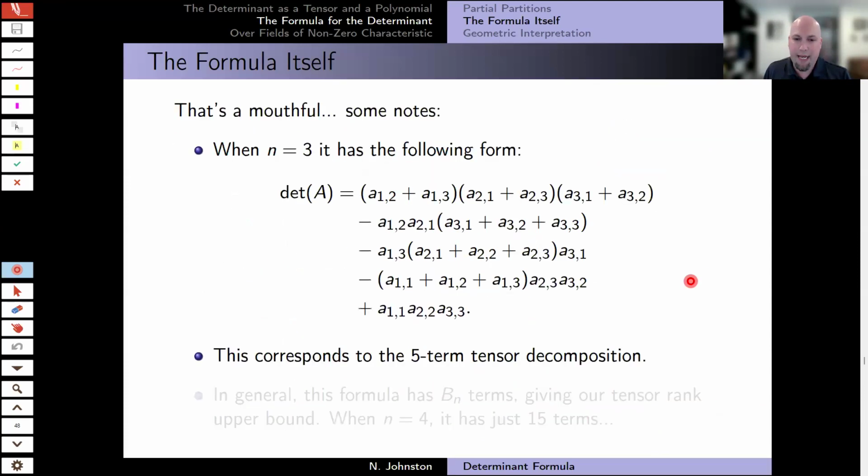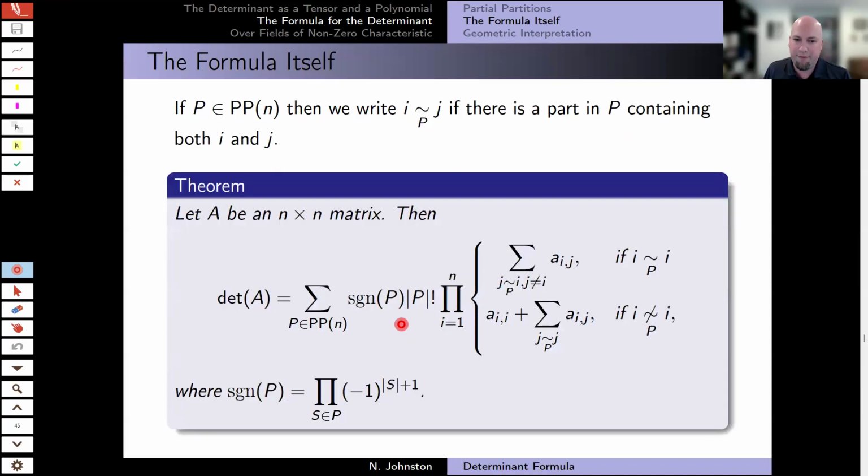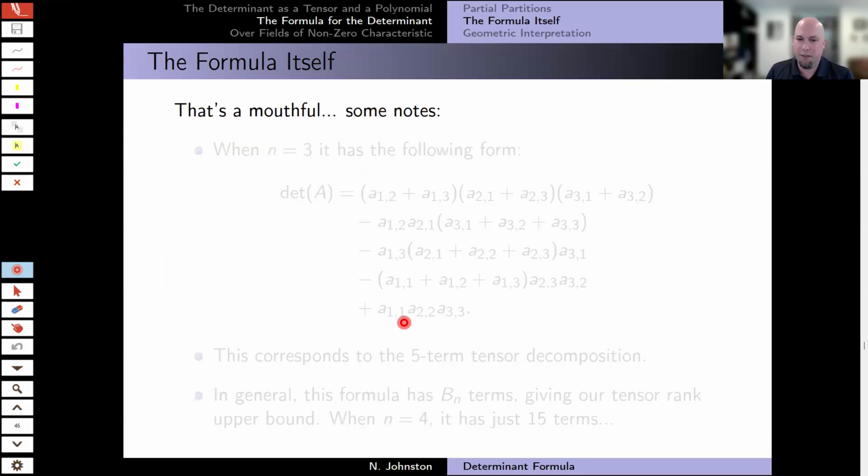And the reason for that is when n equals 4, that's the first time when you're going to have more than one part. When n is bigger than or equal to 4, there are some partial partitions with no singletons that have 2 parts. So that gives you a 2 factorial in the formula here.